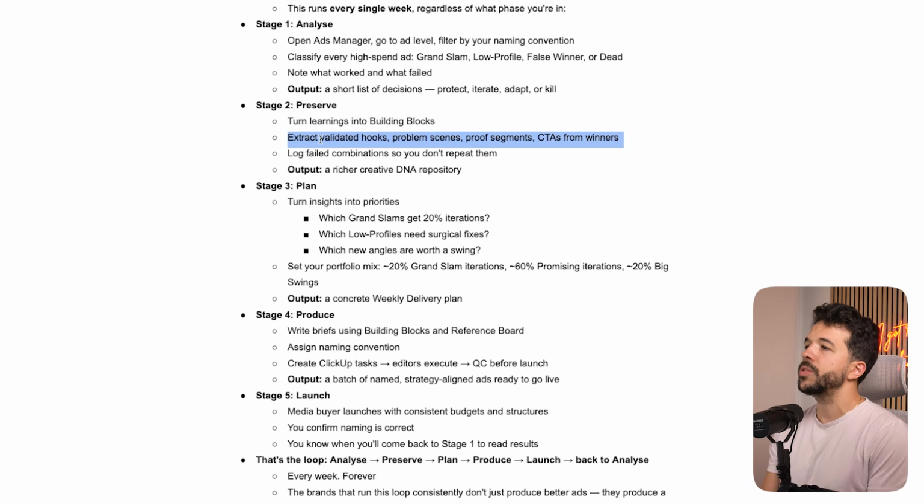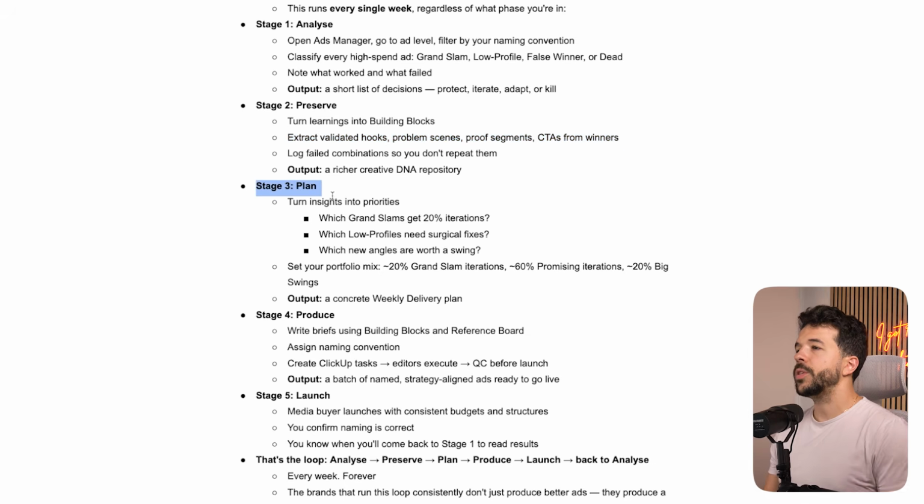Log failed combinations so you don't repeat them as well. The most important part here is understanding that this is going to give you that compound effect that you're looking for. So as an output here, you have a richer DNA repository that your team can use the next time you're building your own ads.